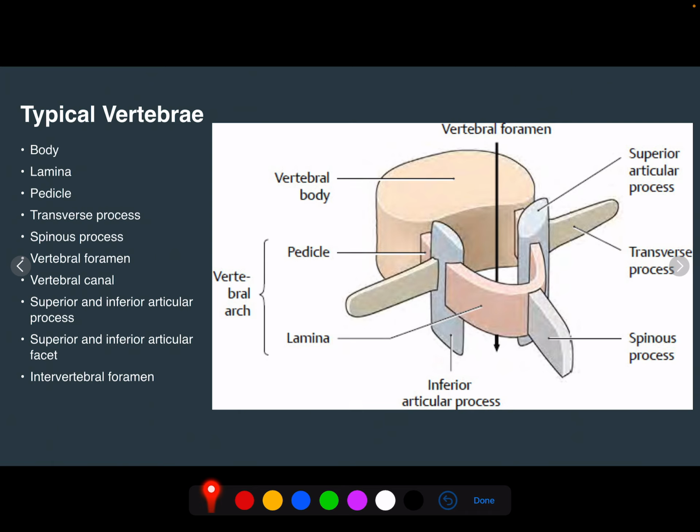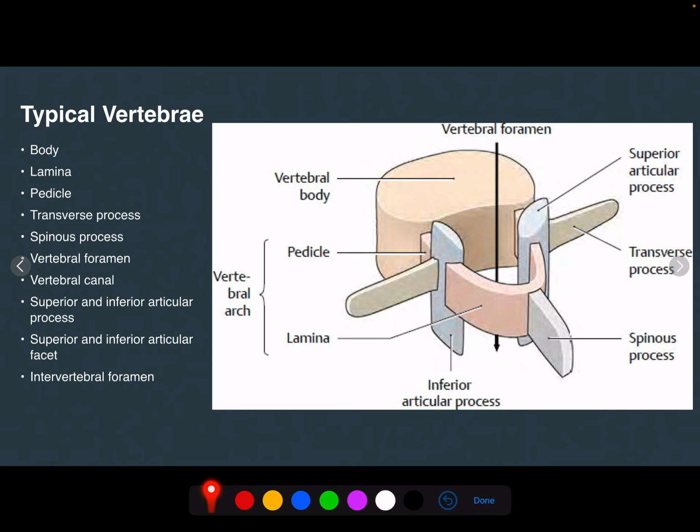We have our superior and our inferior articular processes and facets. We don't see the articular facets in this particular picture, but we do see the processes. The difference between the two is the articular facets are the smooth articular surfaces that essentially form the synovial joints between the vertebrae.